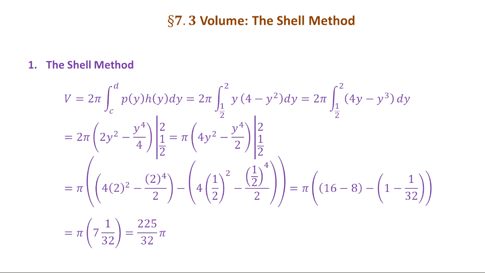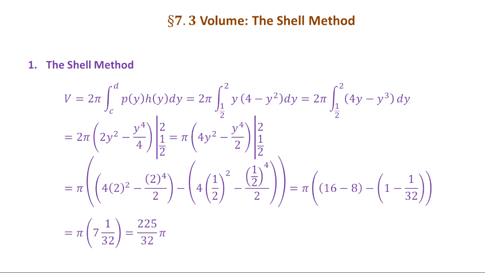Then you just integrate this. First distribute the y inside the integral, you get 4y minus y cubed, and then integrate each part: you get 2y squared from 4y and y to the 4 over 4 from y cubed. Then plug in the numbers.